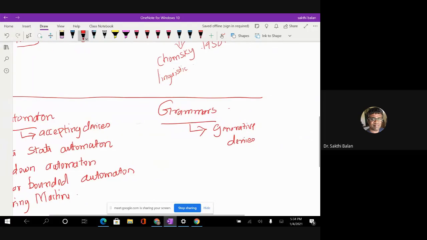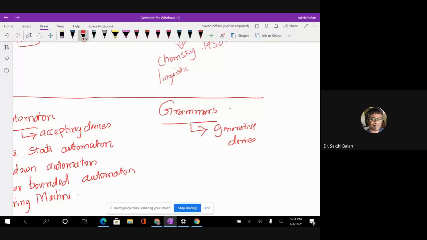And then in grammars, we will again be looking at four types. One is regular grammar. Second is context-free grammar.